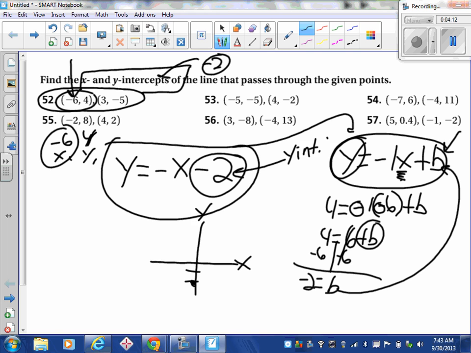Now if I want to find my slope, it is what? Invisible 1 here. So my slope is a -1. So that means I have to go down 1 over 1. And then I would draw my line.